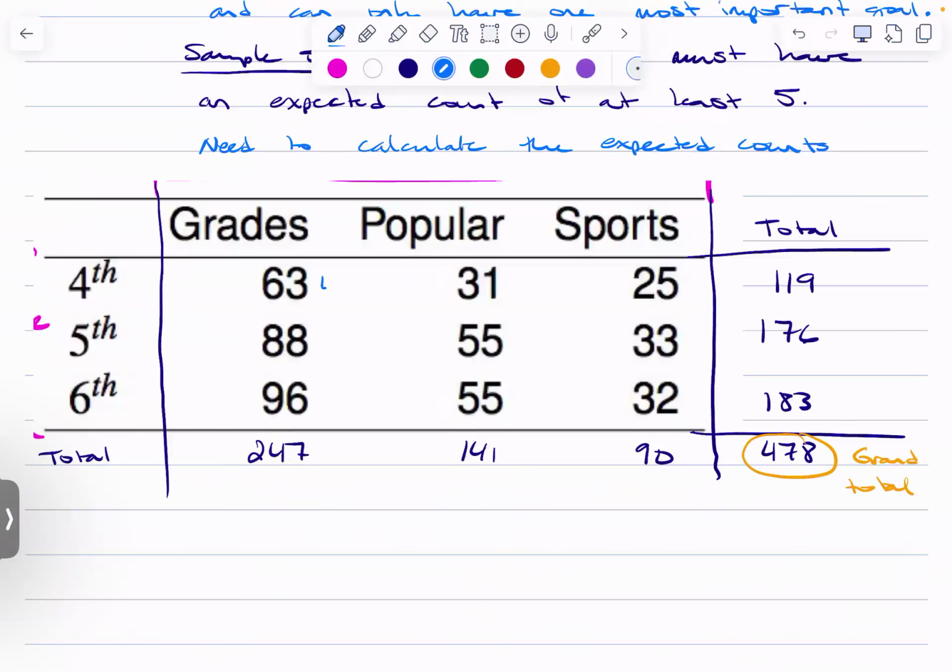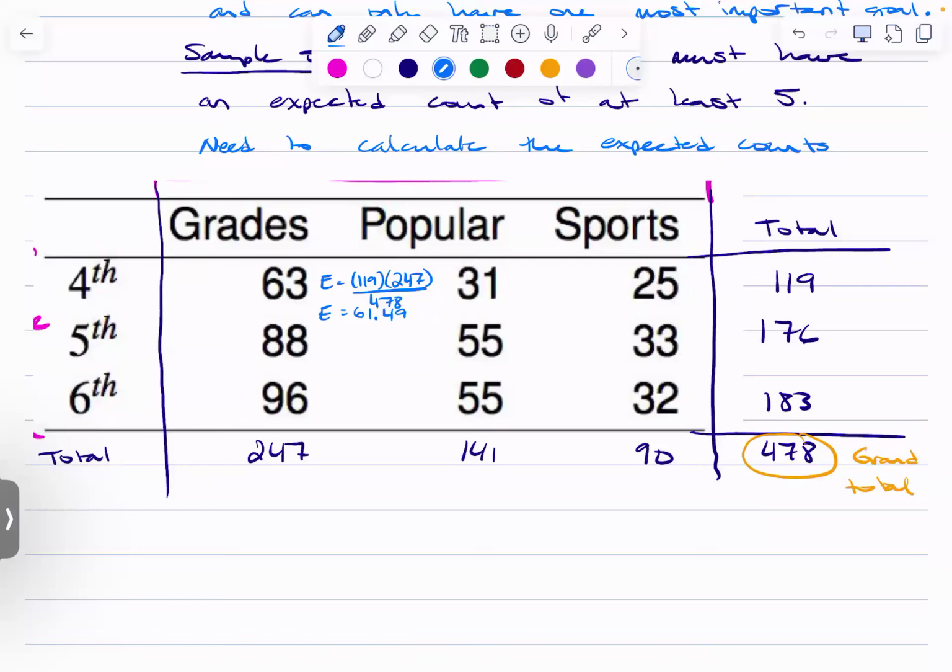So here, the expected count to go with the 63 is going to be 119 times 247 divided by 478. I'm running out of room here. I get 61.49. And let's just drop it at 2 decimal places.